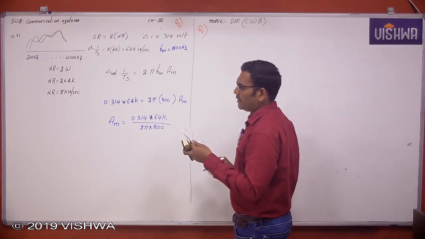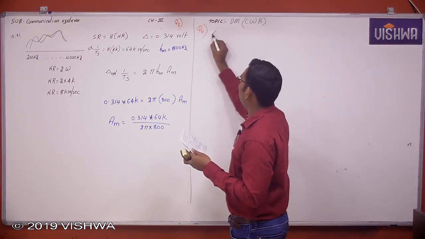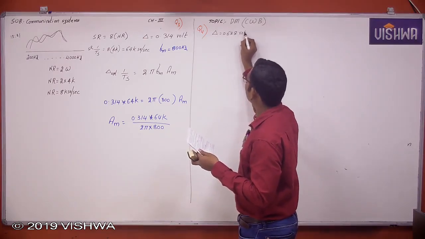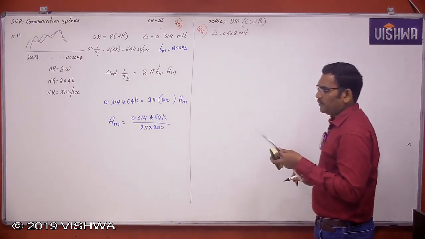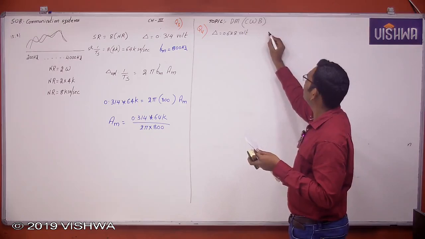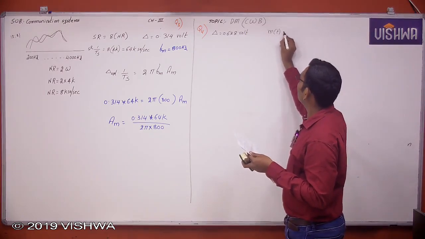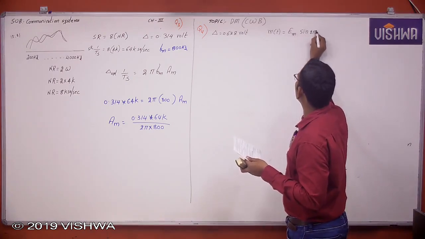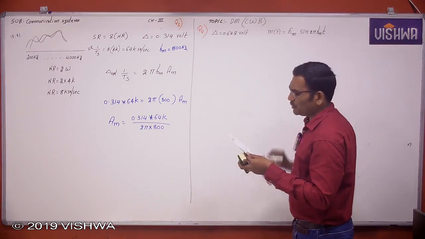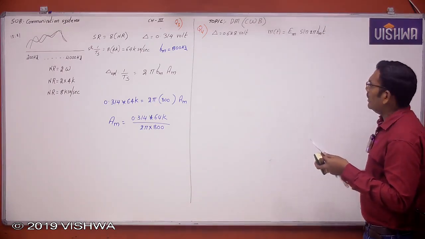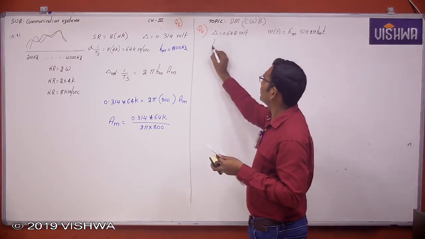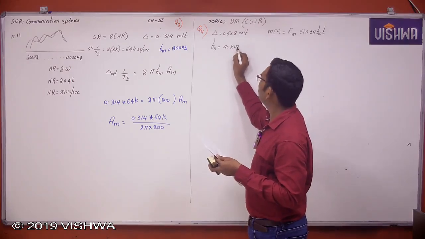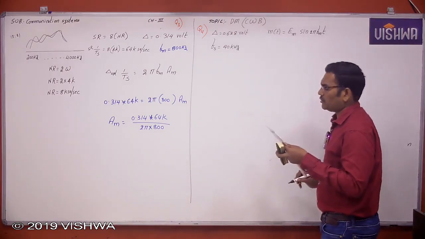The input to a delta modulator having a step size of 0.628 volts is a sine wave with amplitude Em and frequency Fm, and the sampling frequency is 40 kilohertz.